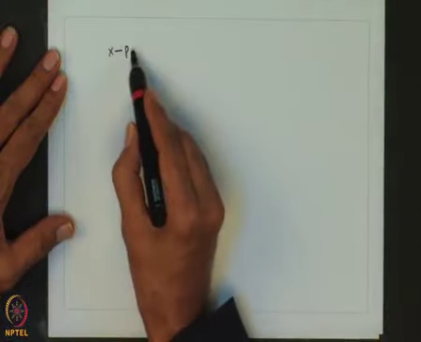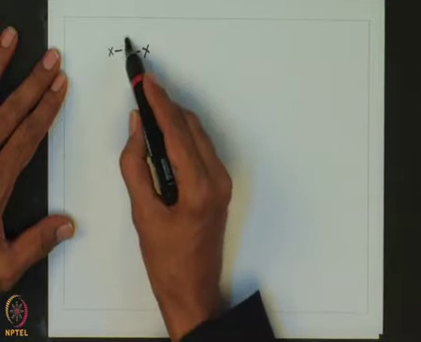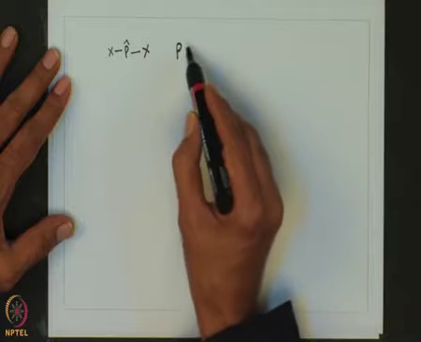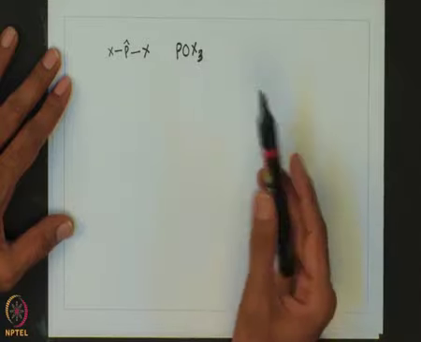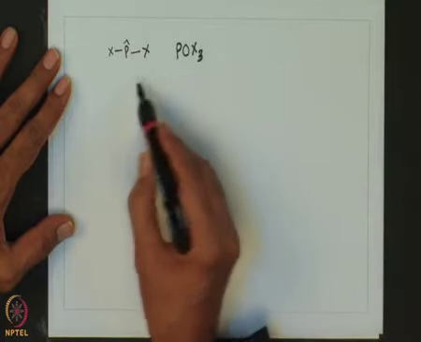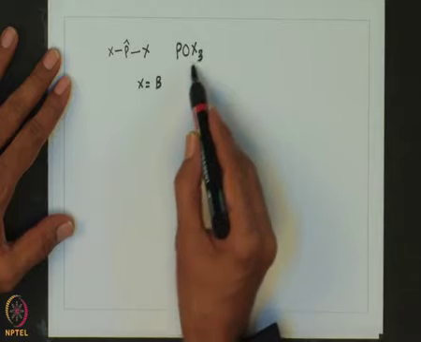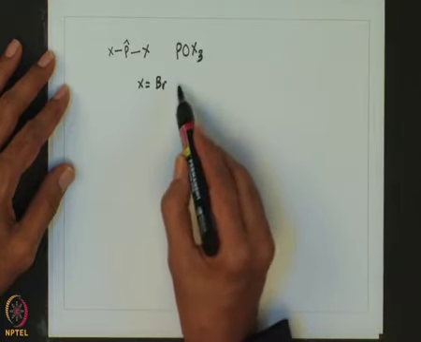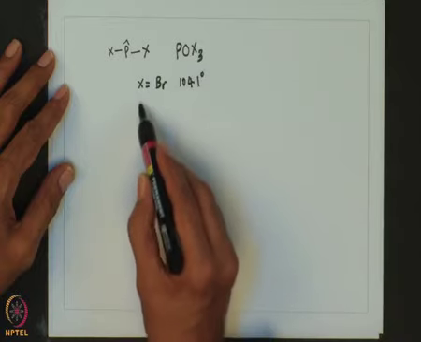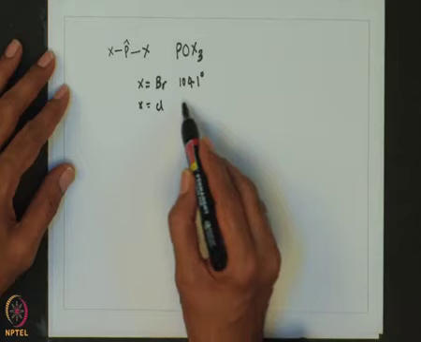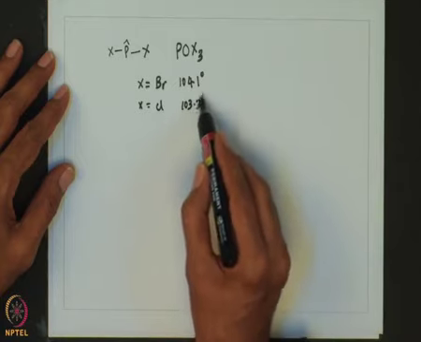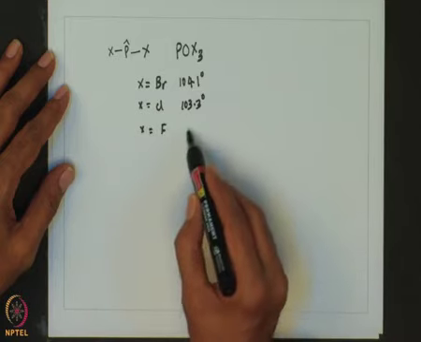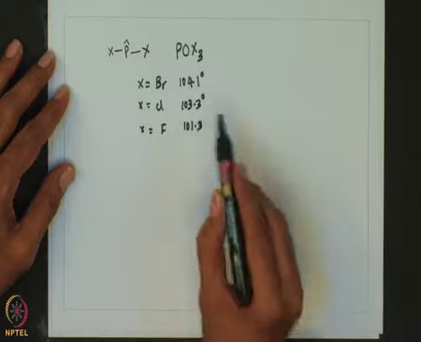Now, explain, I read the question: explain why X-P-X bond angles for the series POX3, a typical tetrahedral molecule, decrease from X equals Br, Cl to F. When X equals Br, the angle is 104.1, when X equals Cl it is 103.3, whereas X equals F it is 101.3.